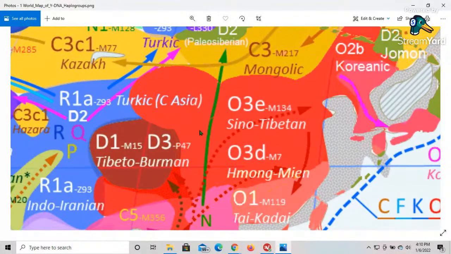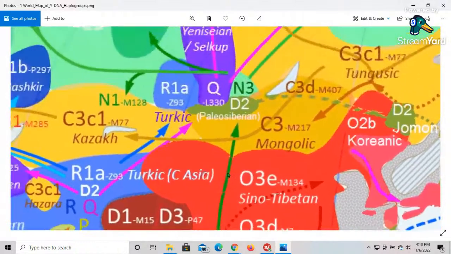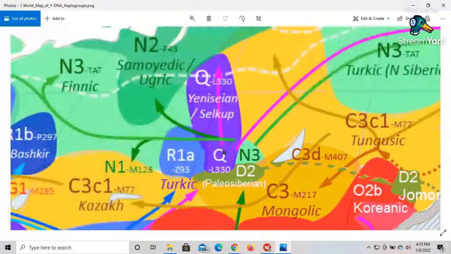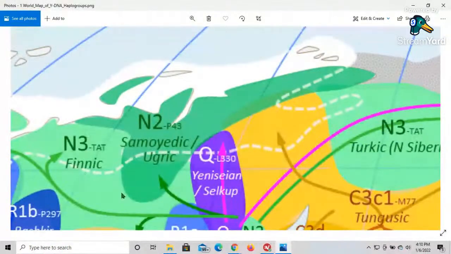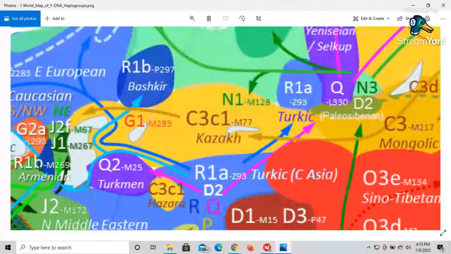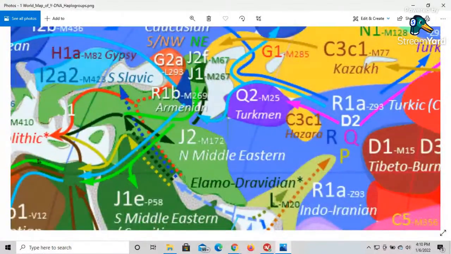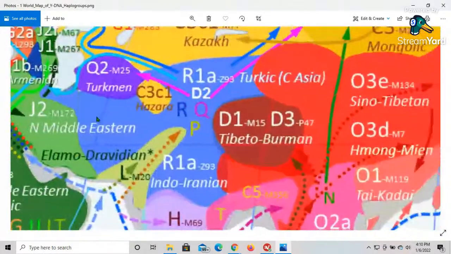So Magog would be the largest population. Meshech would be a large population, and Tubal would be the other population as listed.